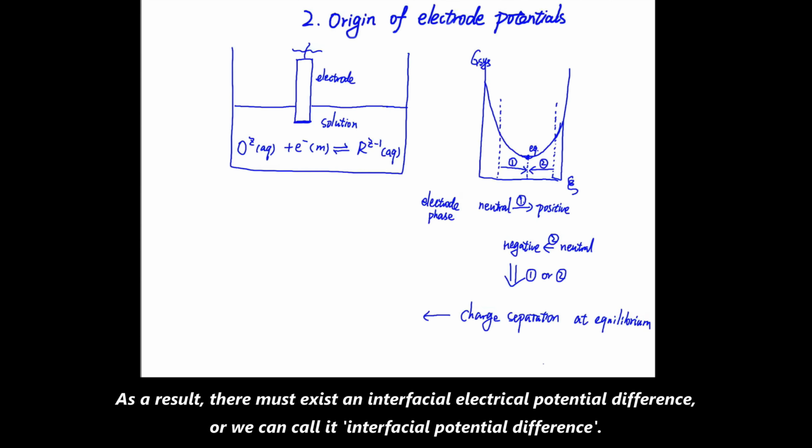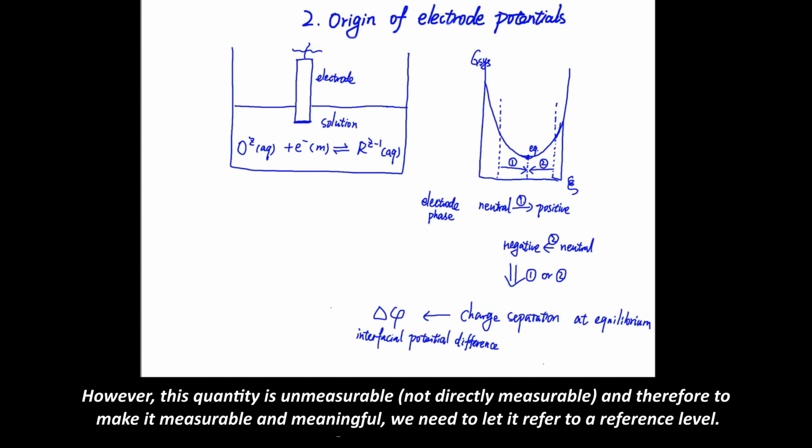As a result, there must exist an interfacial electrical potential difference, or we can call it interfacial potential difference. However, this quantity is unmeasurable, and therefore to make it measurable and thus meaningful, we need to let it refer to a reference level.